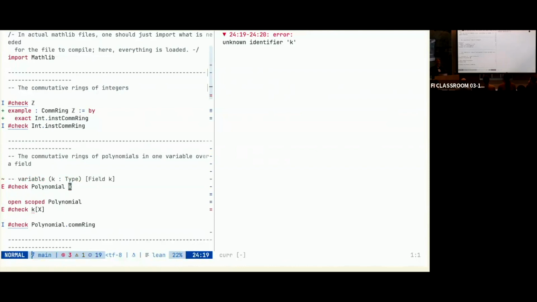The answer is I don't know what k is. So there is this command variable that says, okay, from now on, there exists something called k, which is a type. And there is this, field k, that says that k is a field. And whenever you see plus or multiplication or minus, it will be referring to this structure of field.